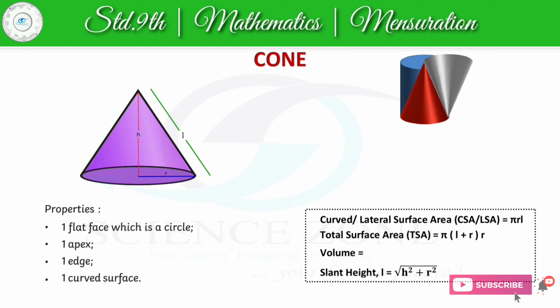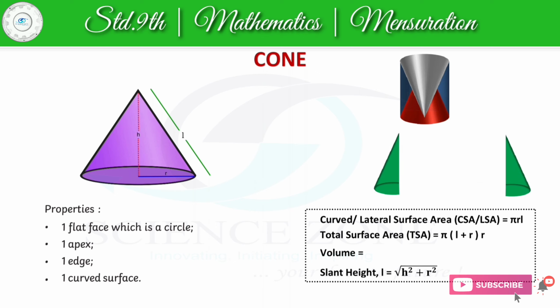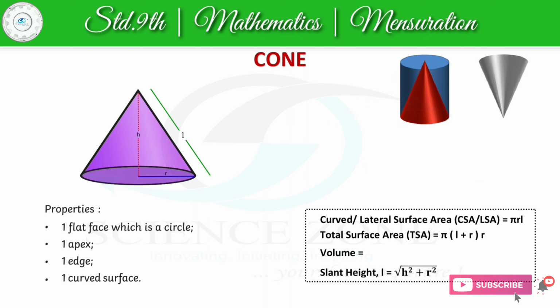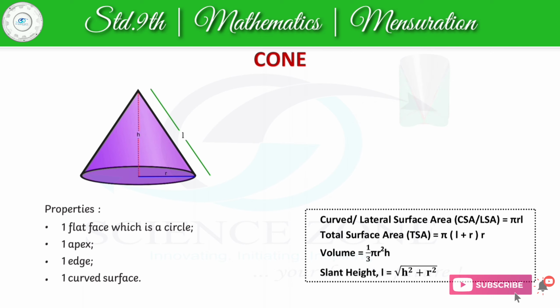Then the 3 cones when combined together forms the cylinder. So we can say the formula for volume of cone is 1/3 volume of cylinder. Volume of cylinder is given by pi r square h. So the volume of cone will be 1/3 pi r square h.